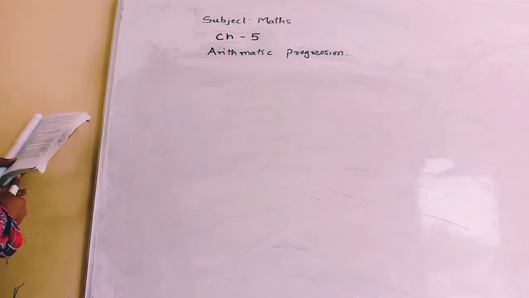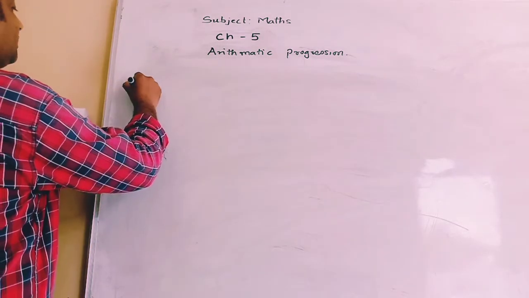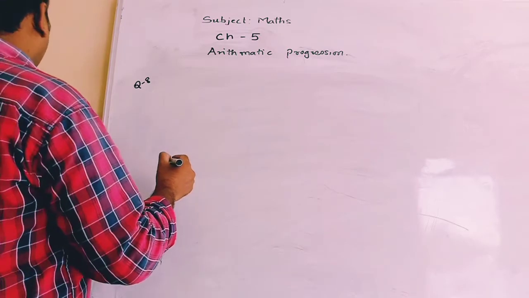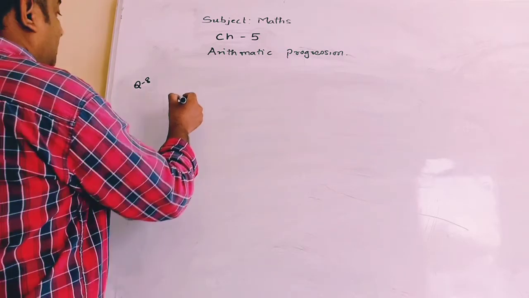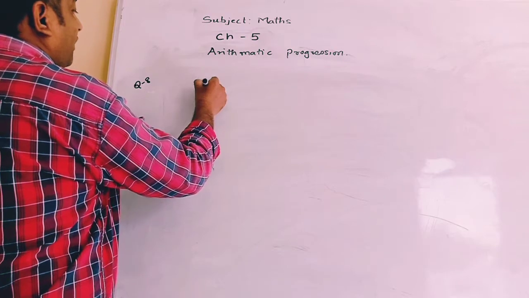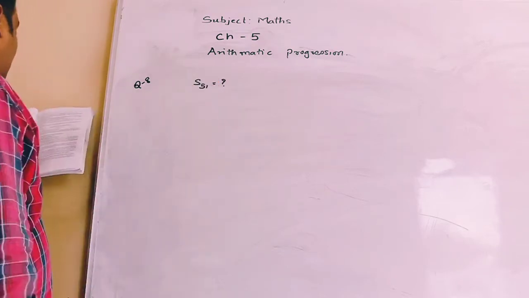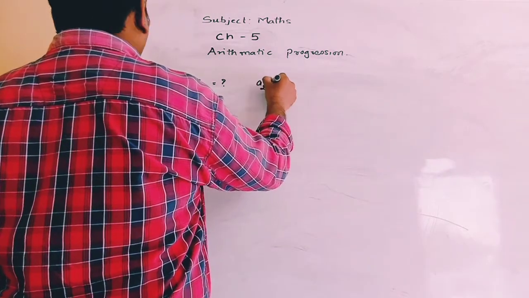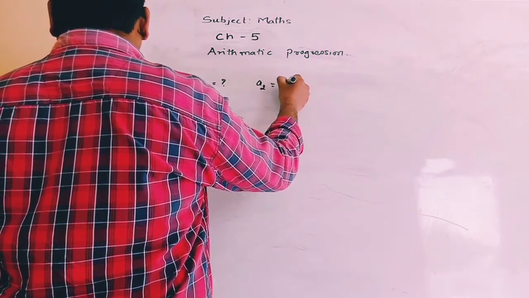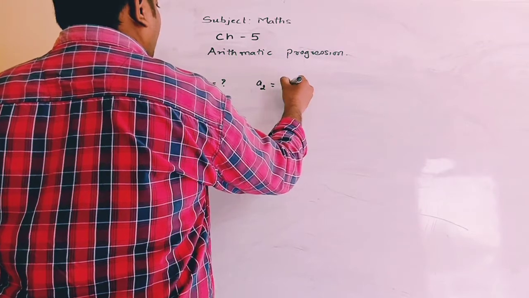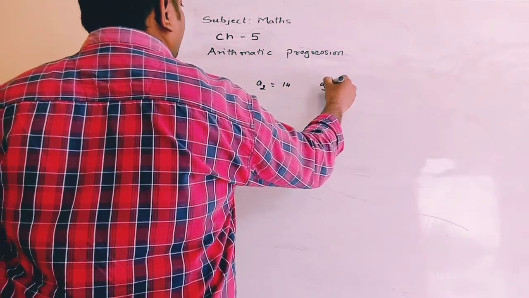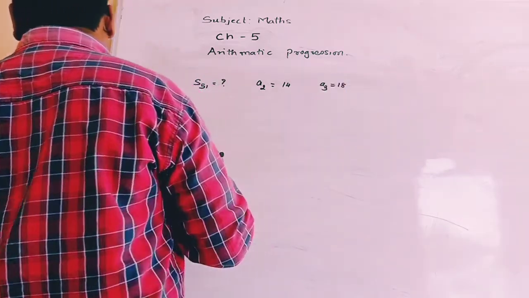Now we have question number 8. The sum of first 51 terms of an AP. So S51 we have to find out, whose second term A2 is given 14 and third term A3 is given 18.